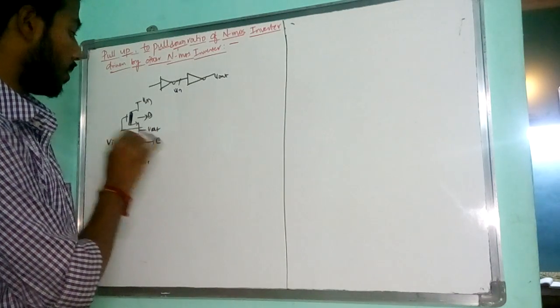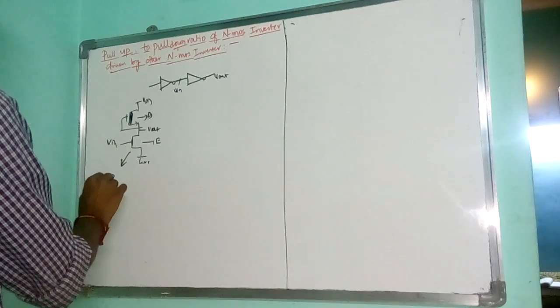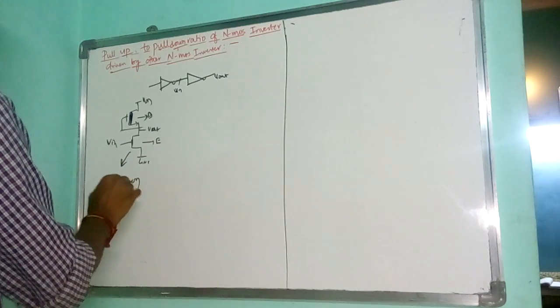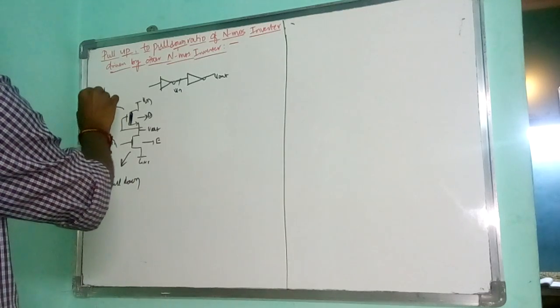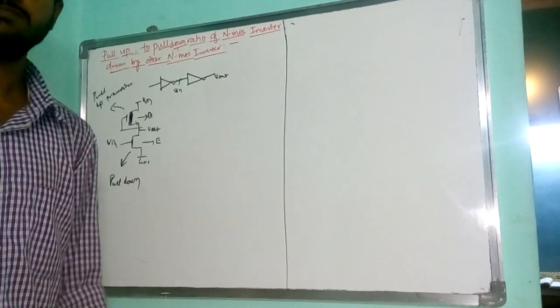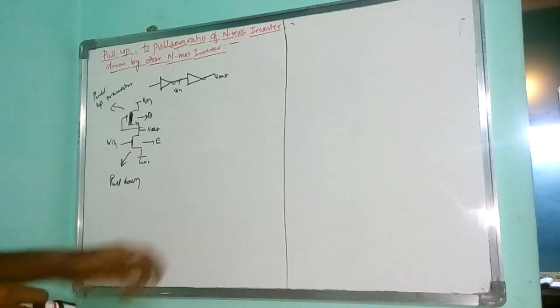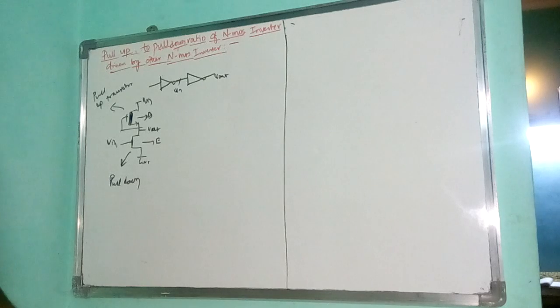This is the enhancement transistor. This is called pull down transistor. This is called pull up transistor. So here we derive what is the pull up to pull down ratio.